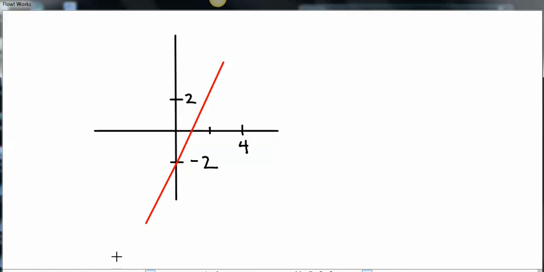All right, let's say you get the graph of a line, right? And you're asked to write an equation in slope-intercept form. First of all, what is the y-intercept of this line? It hits the y-axis at negative 2, doesn't it? Now, the slope. You haven't been given the slope yet, have you?